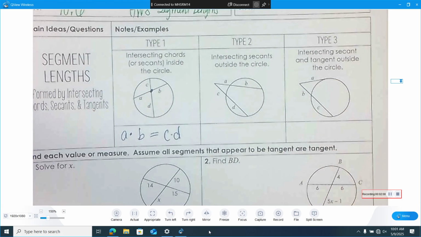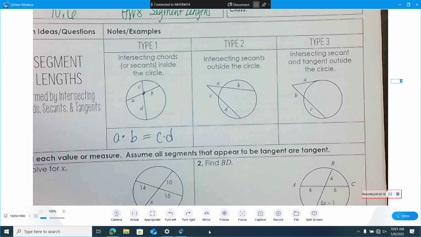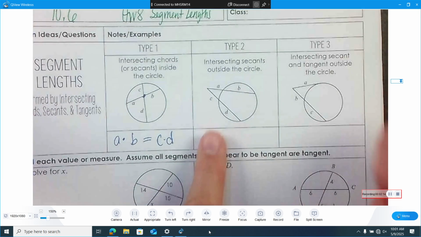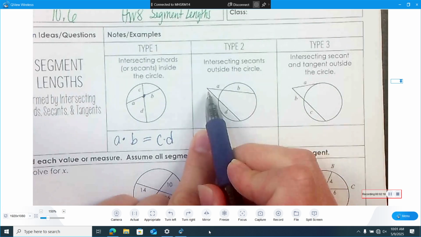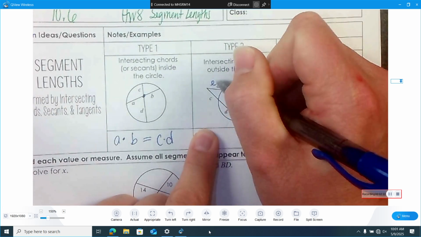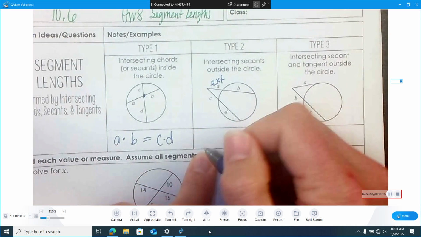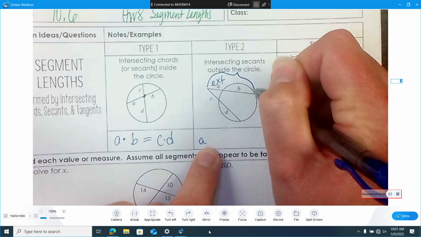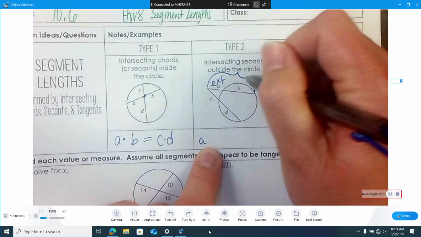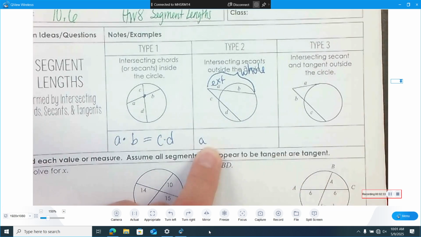Type 2 and 3, she has them split up, but the way I'm going to talk about it, they're going to be the same thing. So it turns out that if you have an exterior portion of a secant line, that exterior portion, so part A, all we have to do is multiply it times the whole length of that secant line.